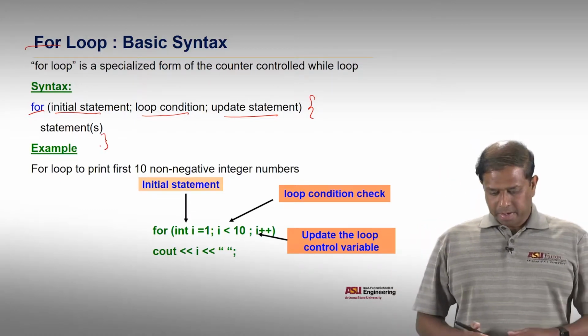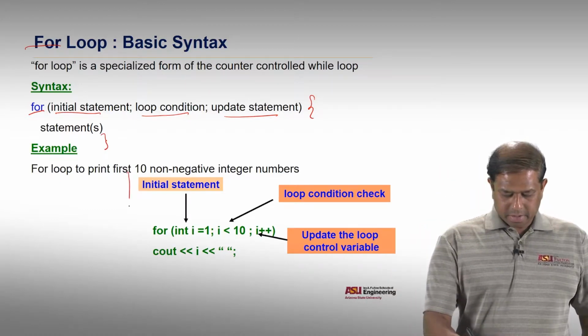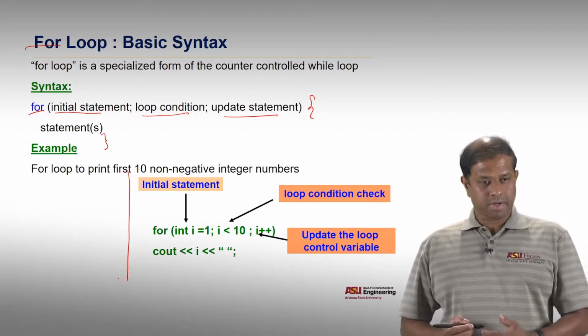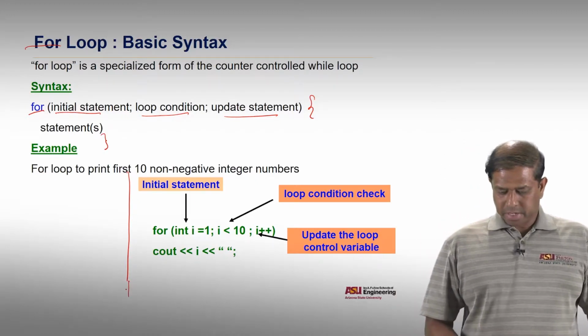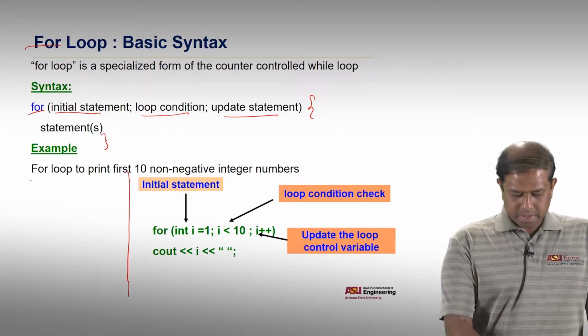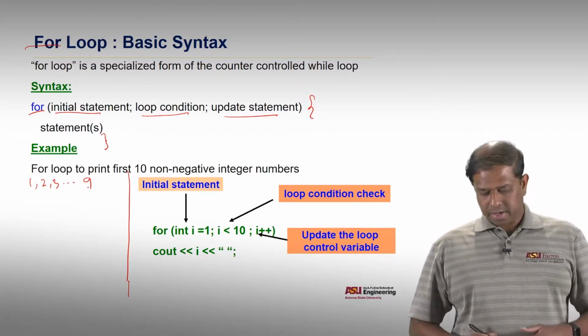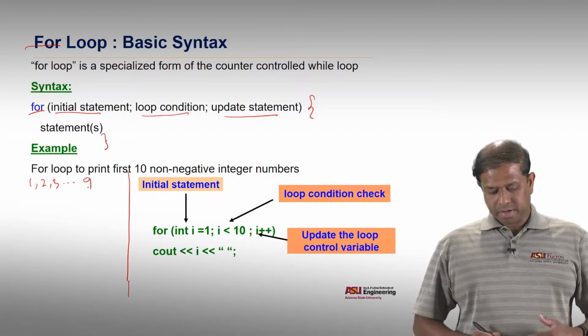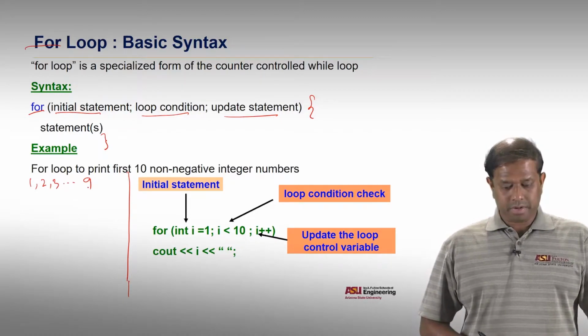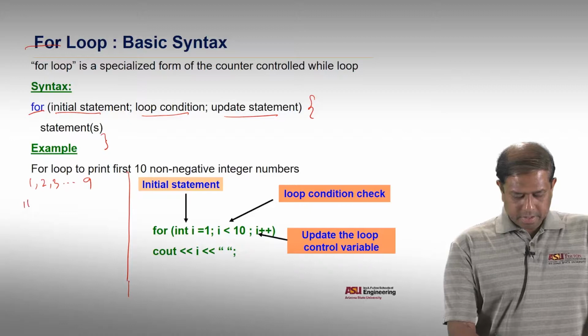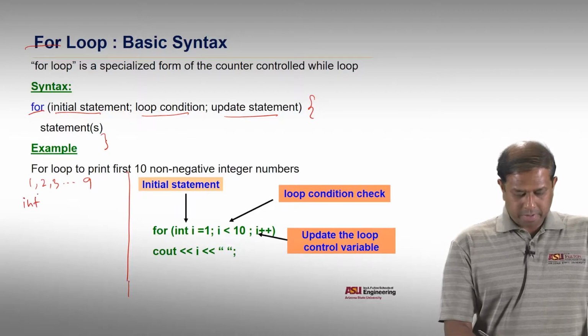All right. Now I said that a for loop is kind of a counter controlled while loop. In this case, suppose I need to display numbers 1 through 9. So then 1, 2, 3, up to 9. If I want to go about doing this, we know that we can use a counter controlled while loop. Let's say I'm going to define int i.